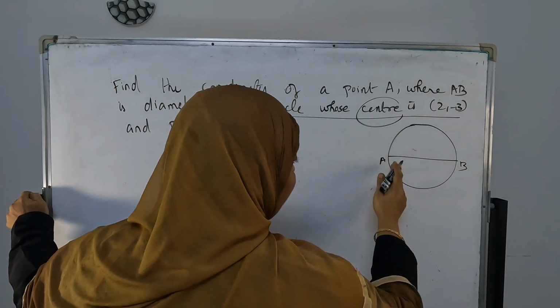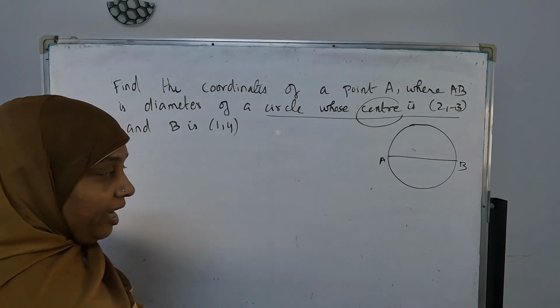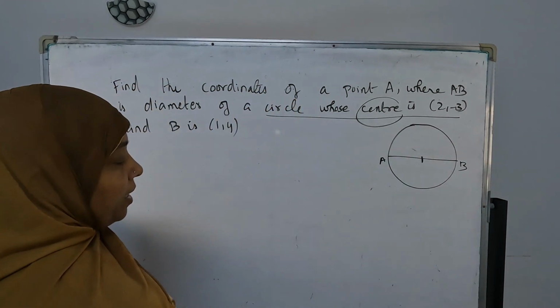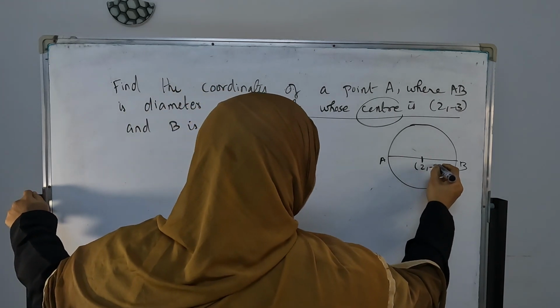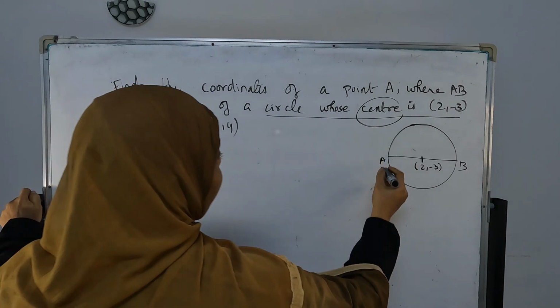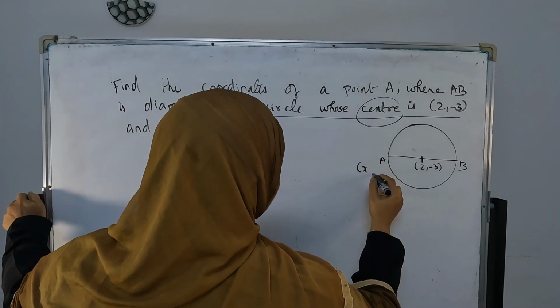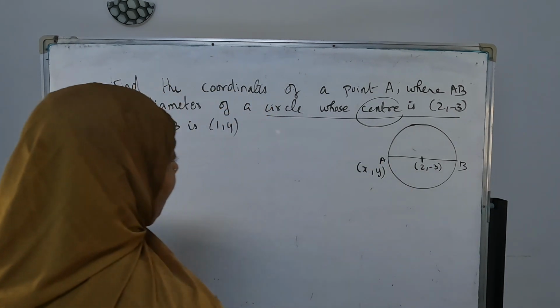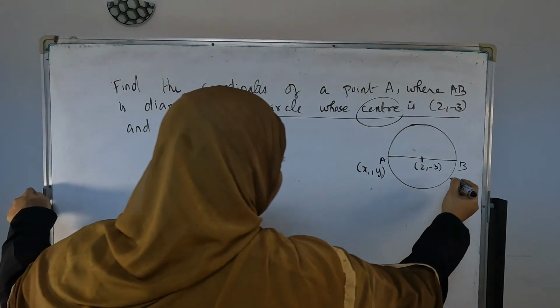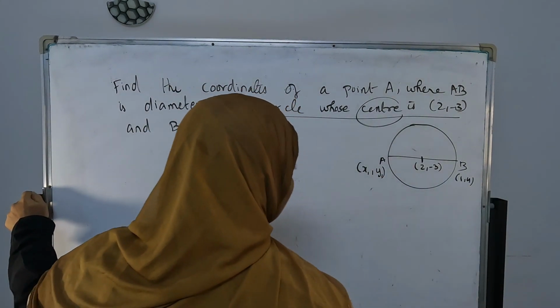Center they given, that means where will it come? In the diameter's midpoint only center will come. It is 2, minus 3. And they are asking us to find the A coordinate, so this will give us x1, y1, and B point is 1, 4.